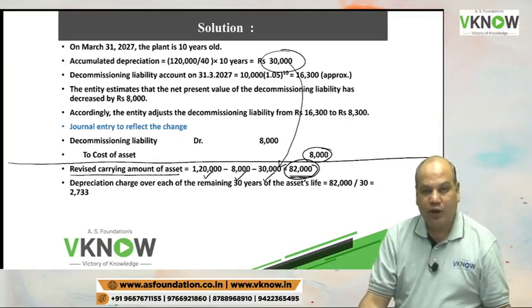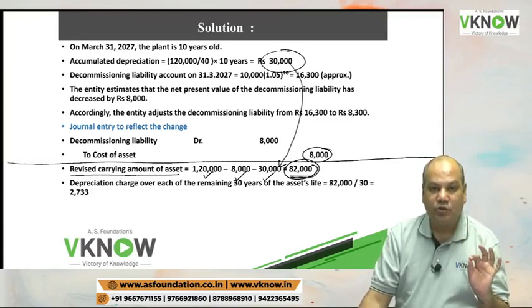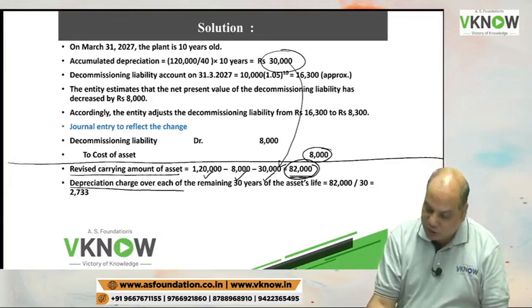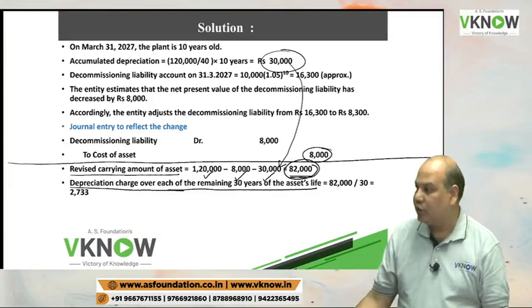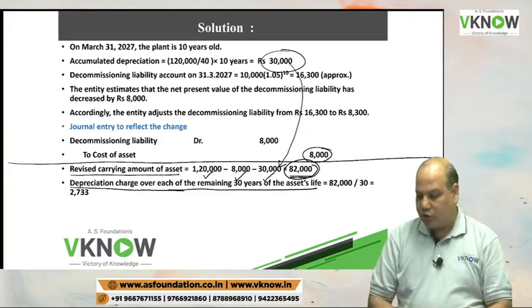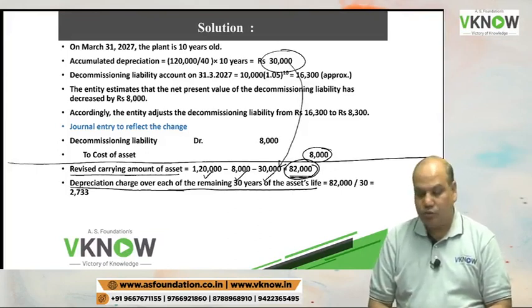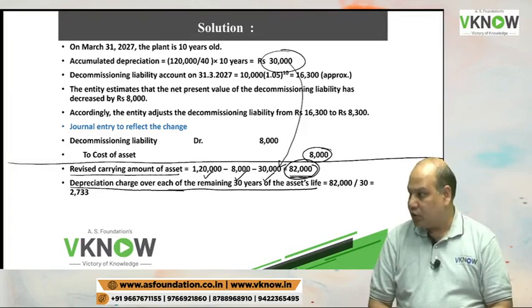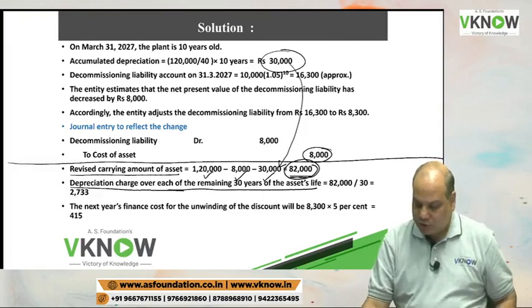So for the remaining 30 years, write down, the depreciation charge over each of the remaining 30 years of the asset's life is 82,000 divided by 30, which is 2,733.